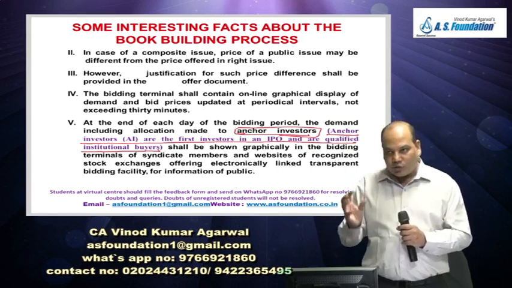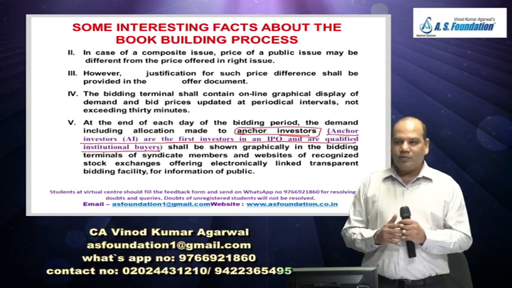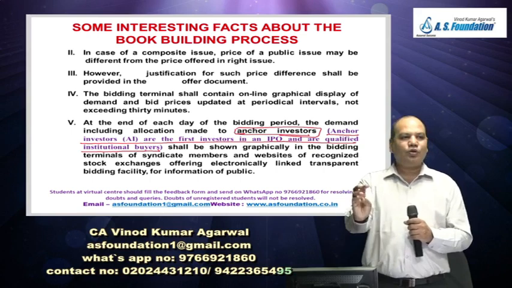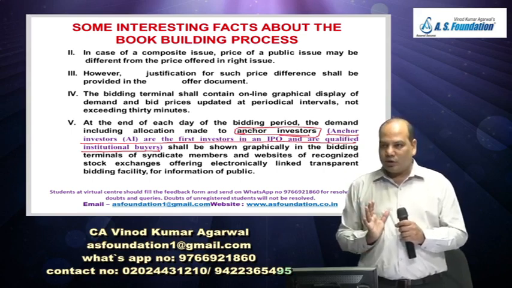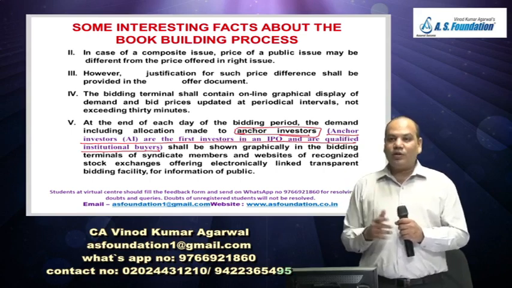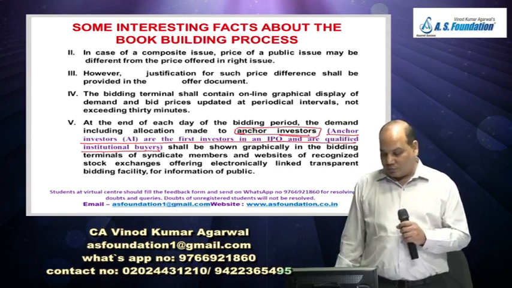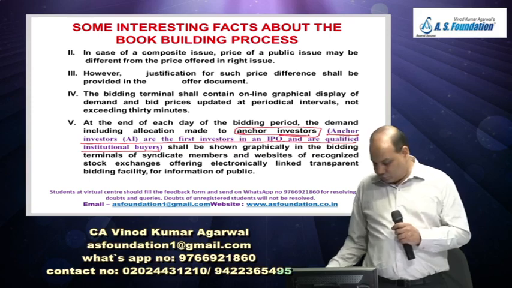They have the knowledge of the market. They know what is the price. If they support the issue, it creates confidence. If they don't show interest, that means public will also be reluctant to invest. So this was also introduced in our capital market, called the concept of anchor investor.